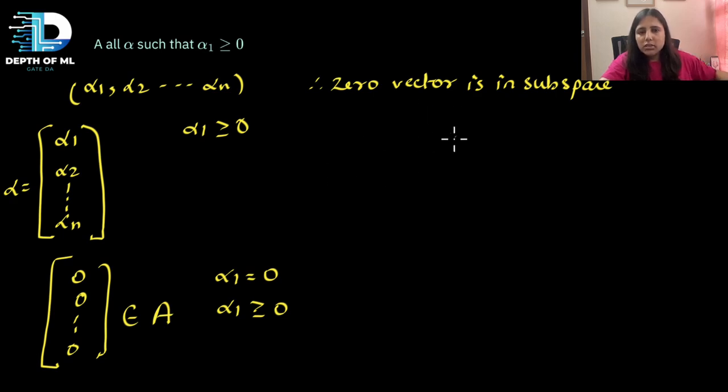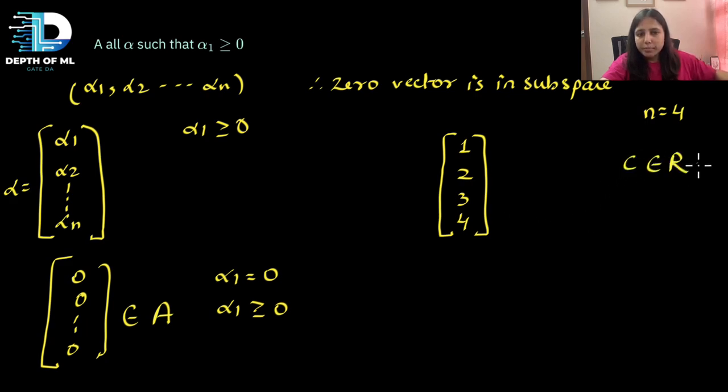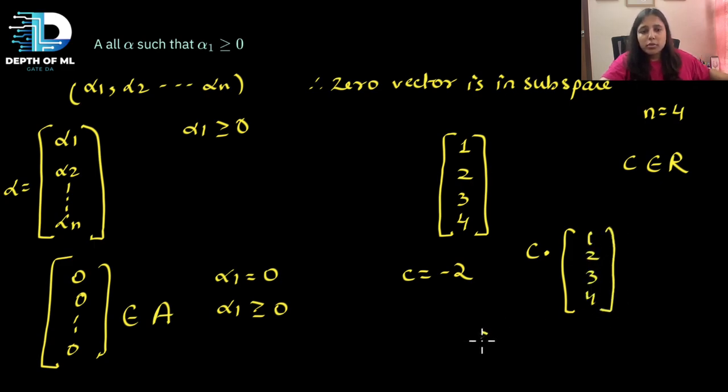Now I'm going to use a counter example. Let me say that I have a vector like this: 1, 2, 3, 4. This is a valid vector, and my n is equal to 4. They have not told me anything about the scalars, so I'm going to assume that the scalar comes from R. So I'm going to choose c equal to -2 and see whether c times this exists in the space or not. I multiply with -2, so this is -2, -4, -6, -8.